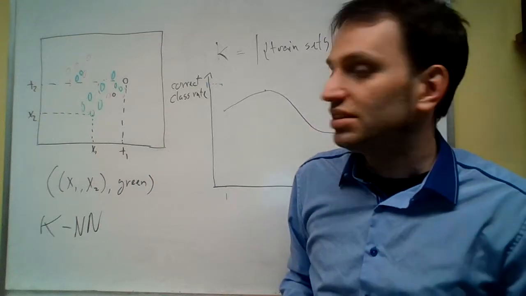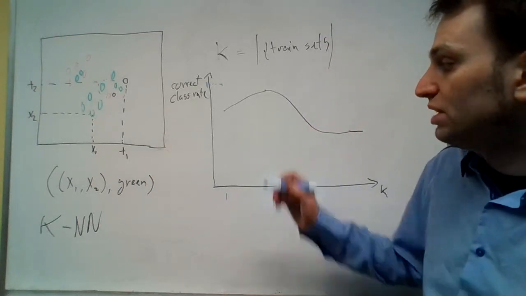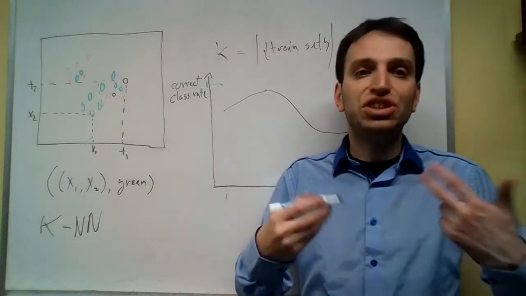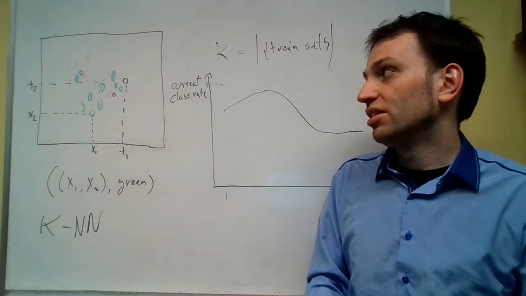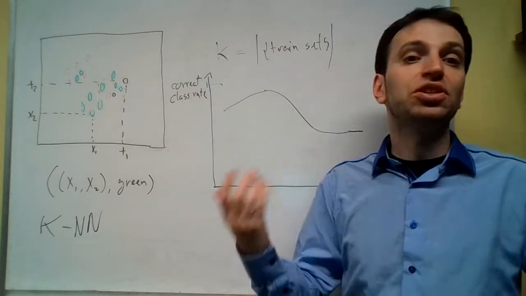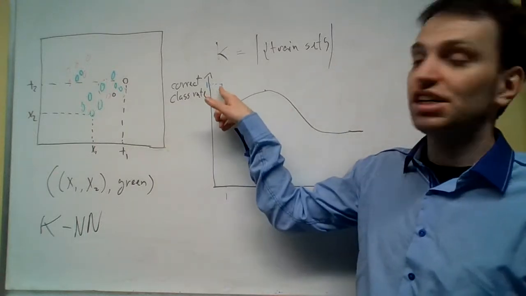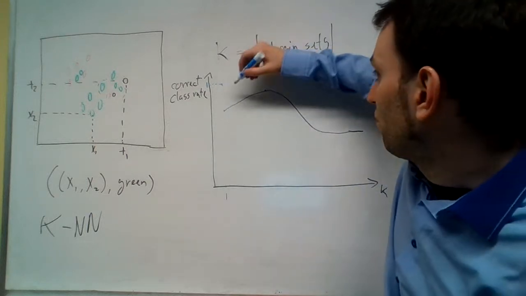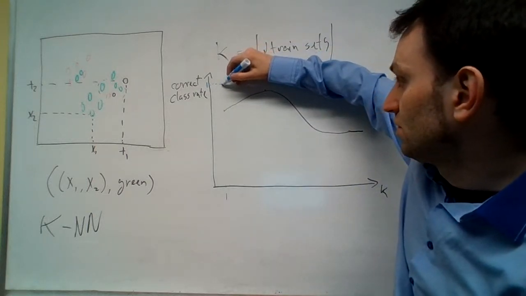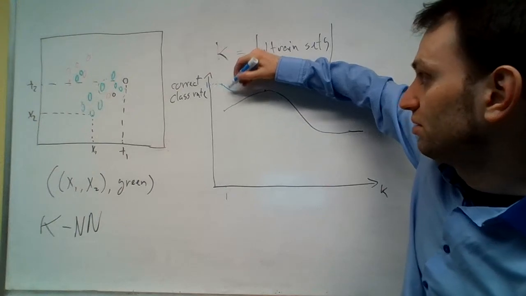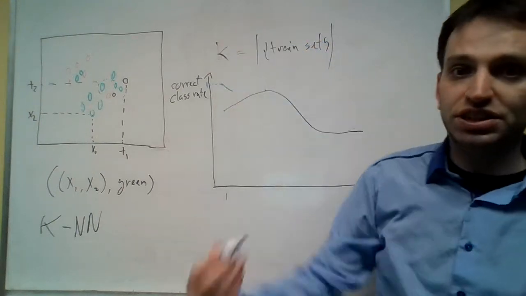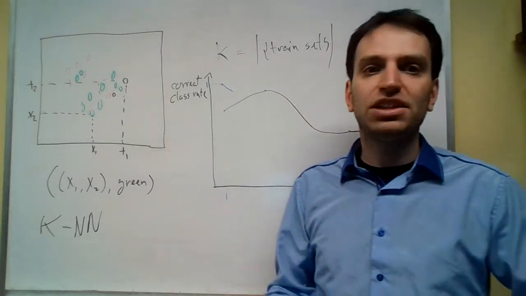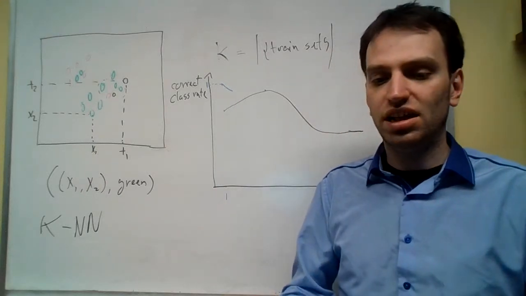Now, what's going to happen once you move to, let's say, 3 nearest neighbors? Well, you won't be doing as well, right? Because sometimes you'd be wrong, whereas here you would never be wrong. So that means that the performance for the train set is going to decrease a little bit as you increase K. And in fact, the more you increase K, the less it matters that you're talking about the training set and not the test set.